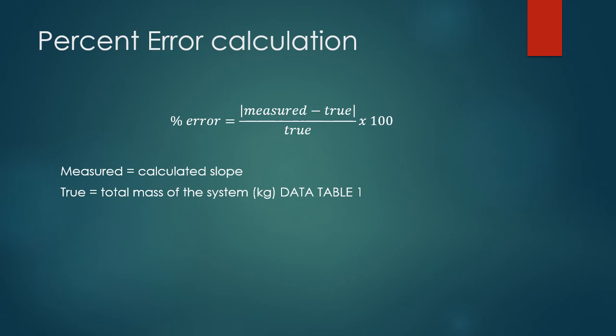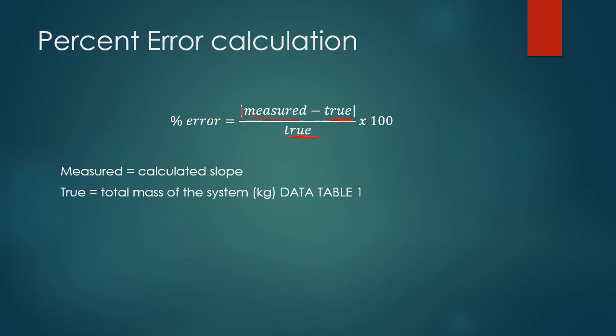The percent error calculation, I have the equation shown here again. The measured value is your slope calculated from the graph, picking 2 points on the line. The true value is going to be the total mass of the system. Make sure you're using the kilogram and not the gram amount from data table 1. The true value also goes in the denominator.